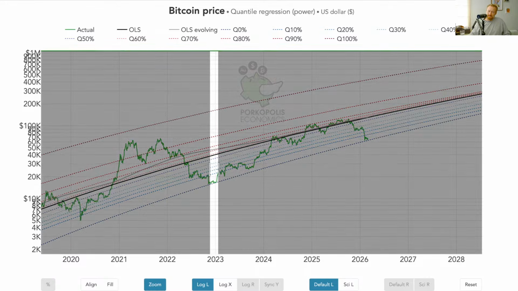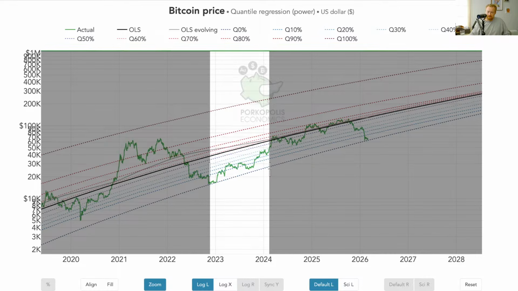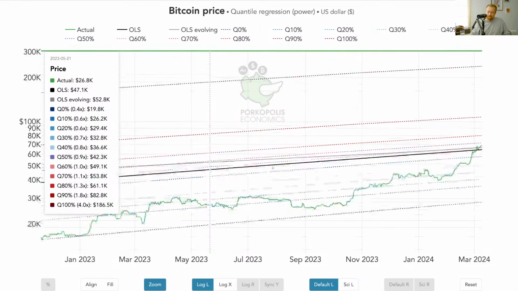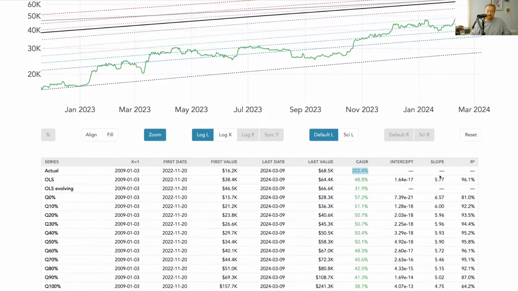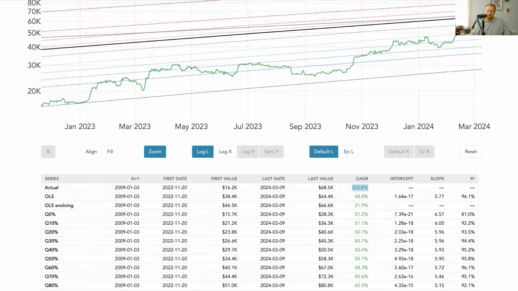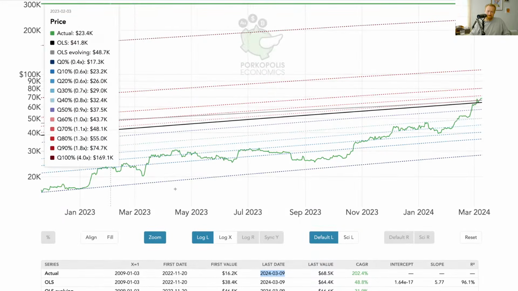Remember the exercise we did last week? Considering where we are, say we have an exact repeat of last time, right? Bumping along the bottom. Assume you bought here and then just waited to get back to trend. That in itself is a 200% CAGR. How long did it take? November 2022, March 2024. Year and a half.